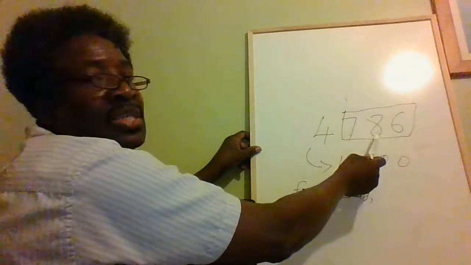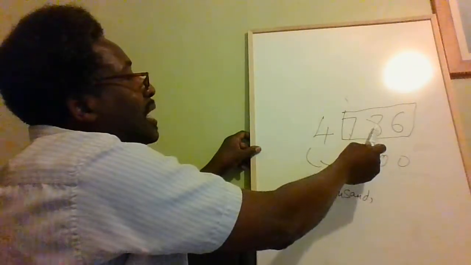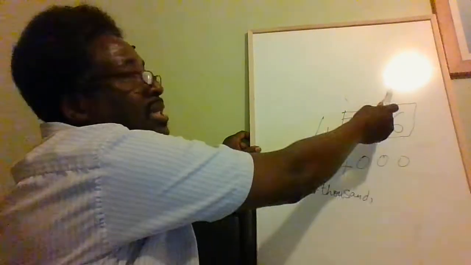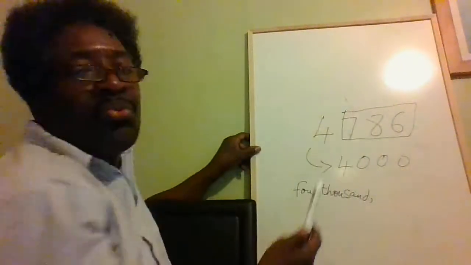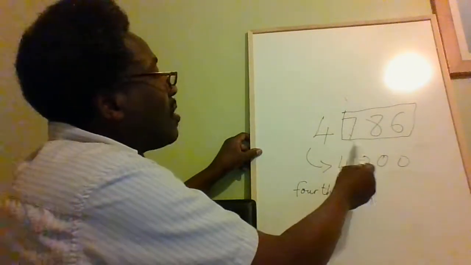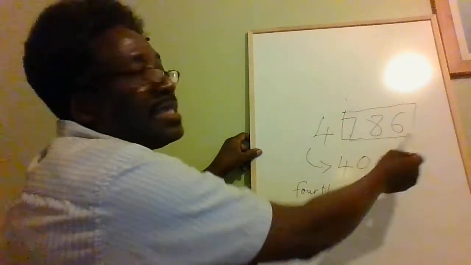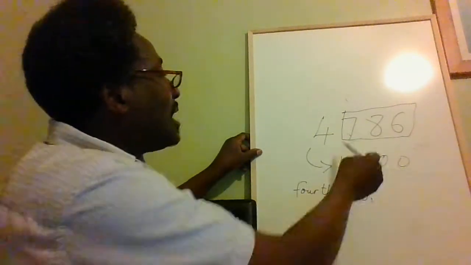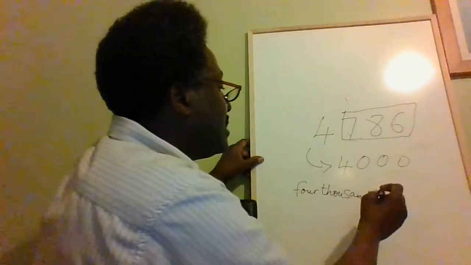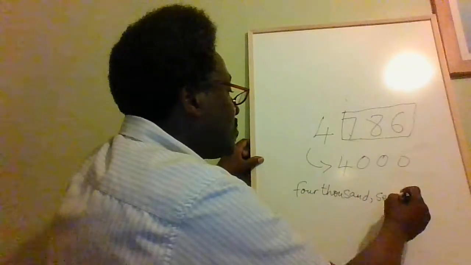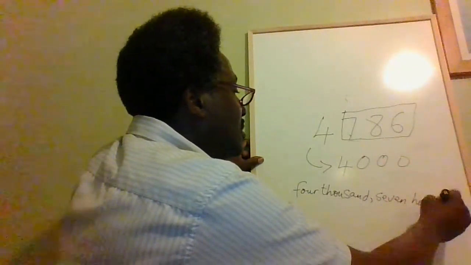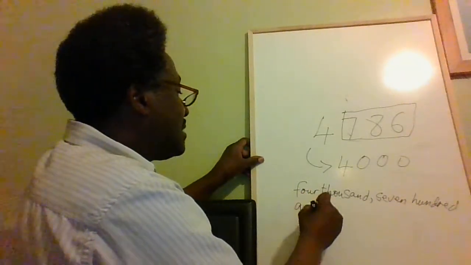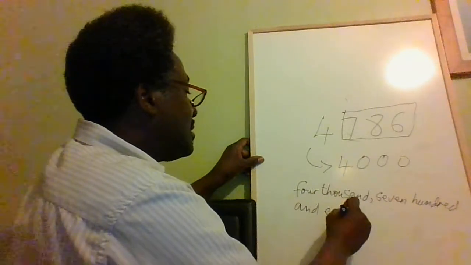The value of this 8 is 80 because the 8 is in the tens place value. The value of this 6 is 6 because the 6 is in the units or ones place value. So you say 4,000 and then you write 786. 700. This is where your and now comes in. And 86.